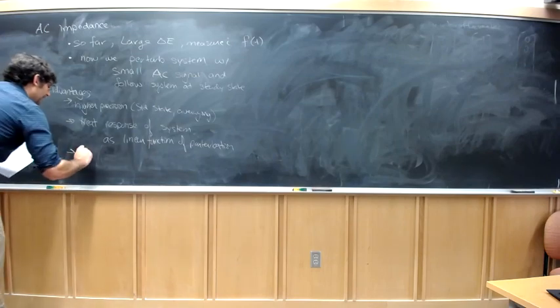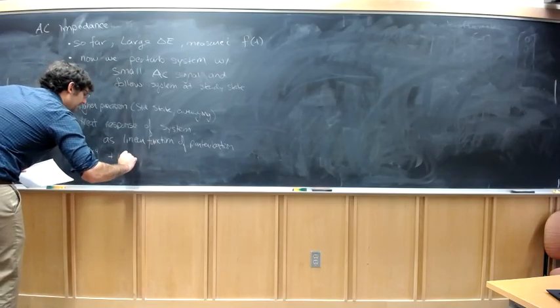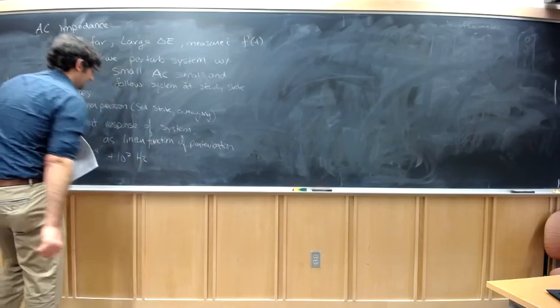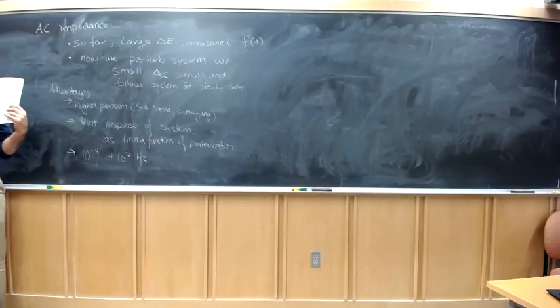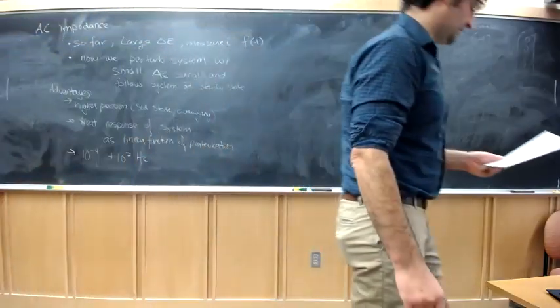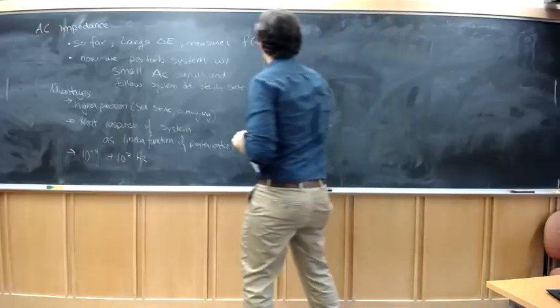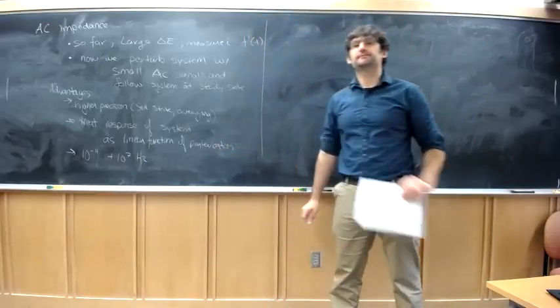And we can go from 10 to the negative 4 to 10 to the 7 hertz and access a very wide range of frequencies and hence time scales that the system is responding to. Okay, so that's why we do AC impedance. Are there any questions there?